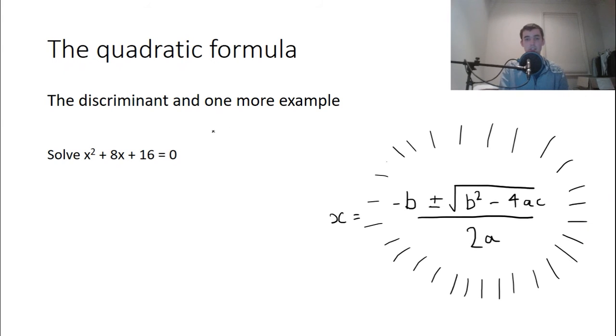So let's see. Discriminant. Start off with discriminant equals b squared minus 4 times a times c. So b squared, what's our a? Okay, b in this case is 8, c is 16 because it's in the right order. A is actually 1 because when you have an x squared, that's just like a little 1 there.